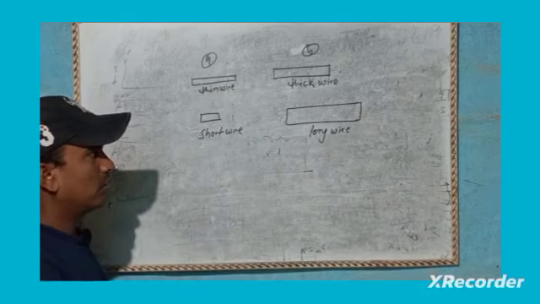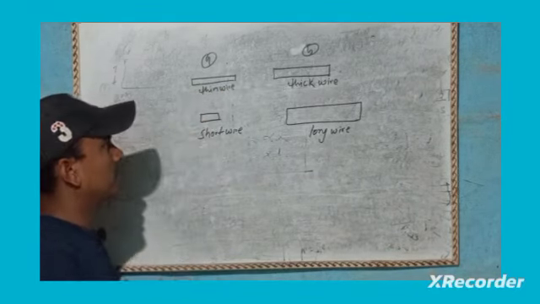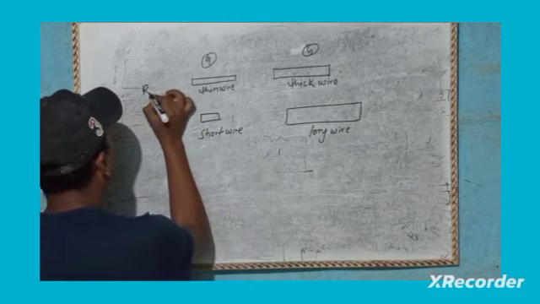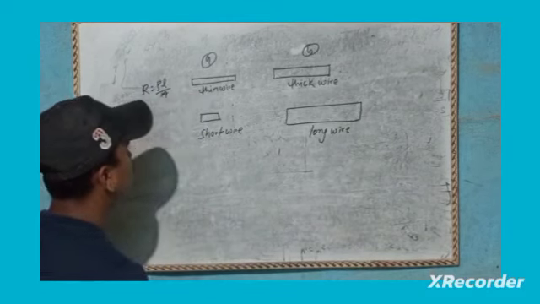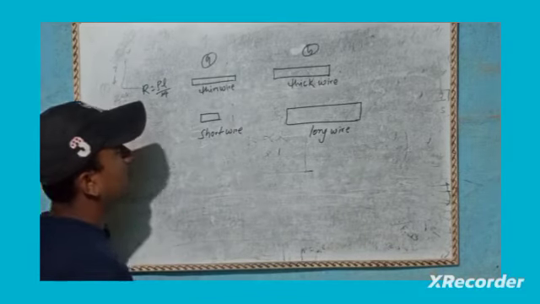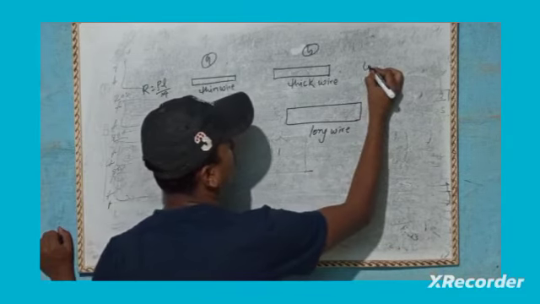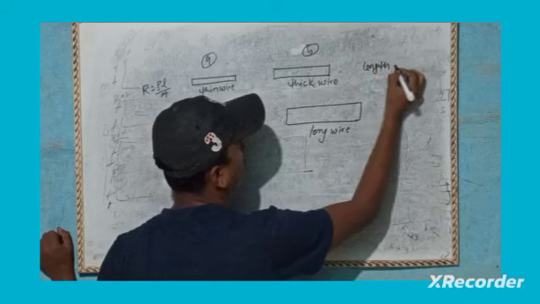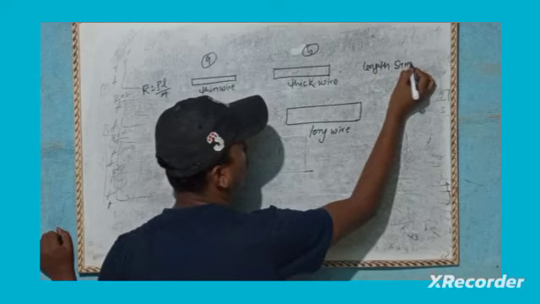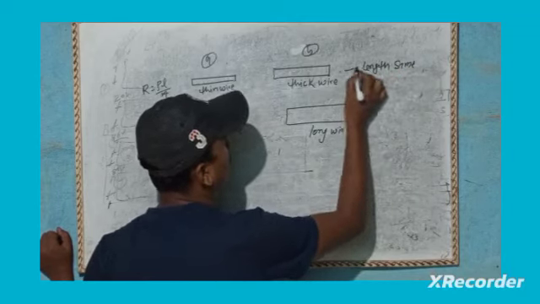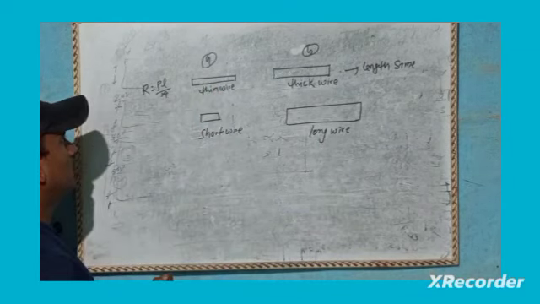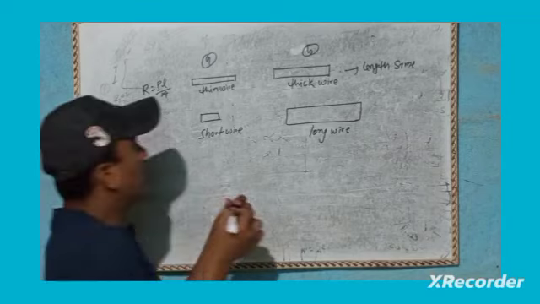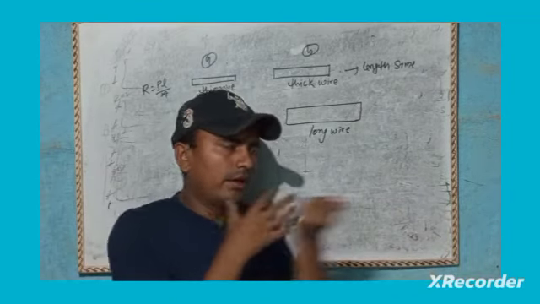Here the thin wire has less cross-sectional area. Here R is equal to rho L by A. Suppose both have the same length. Now for problem A or B, the lengths are the same, but one wire is very thin and one is thick.